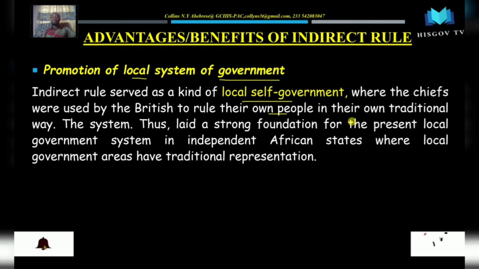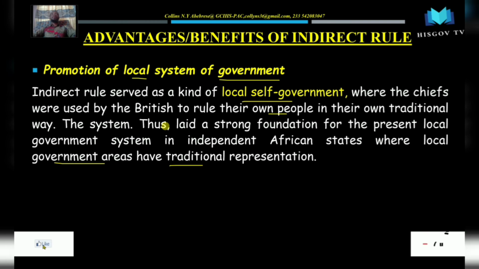Now, the system thus laid a strong foundation for the present local system in independent African states, where local government areas have traditional representatives. So yes, today we have what we call the local government council. And I think that indirect rule paved the way and laid the foundation for the local governance system as we have it in our political setup, the DCEs and the MCEs and co. Those are the local government or governance people, because the chiefs were at the local level.